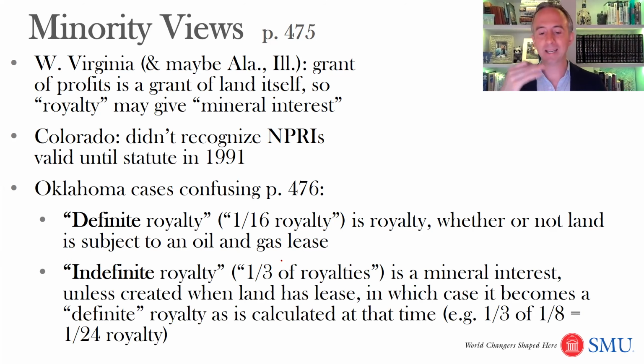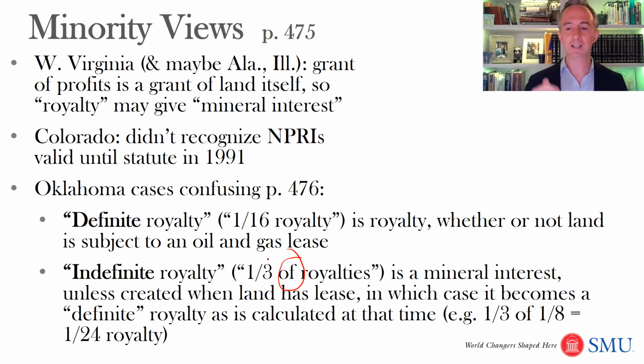But then they talk about an indefinite royalty, where, like that Harrison Smith hypo that we did, it's 1/3 of royalty. That "of" is so crucial, because when you add that "of," all of a sudden it's not 1/3 of all production, it's 1/3 of the royalties. And Oklahoma says that is a mineral interest, because basically it's like you had a 1/3 mineral interest.